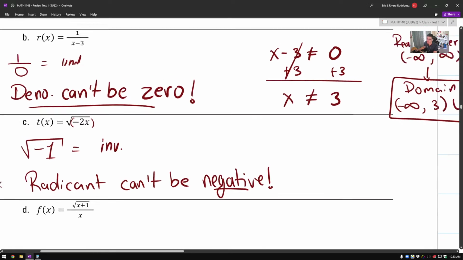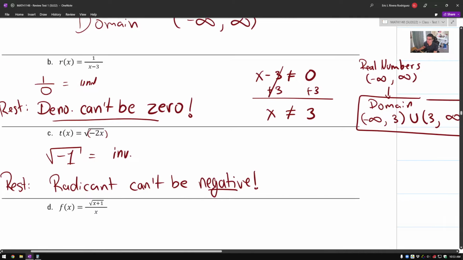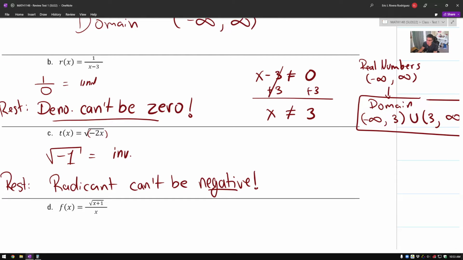Cannot be negative. So what are we going to do here? We are going to take the radicand, which is -2x, and we are going to use inequalities.